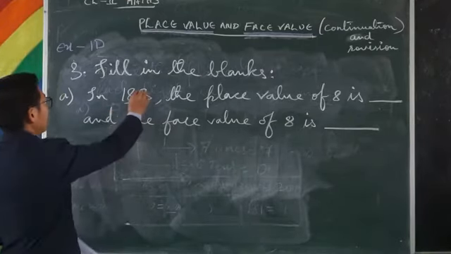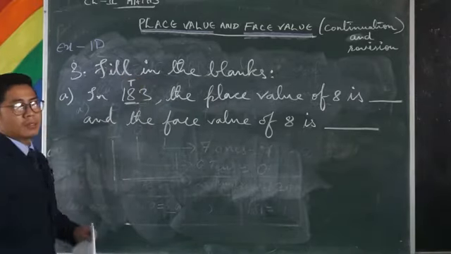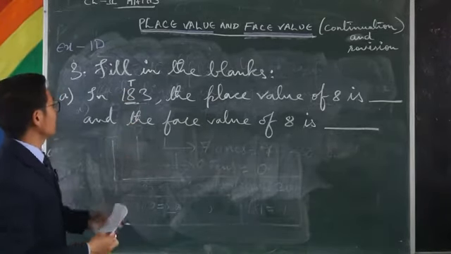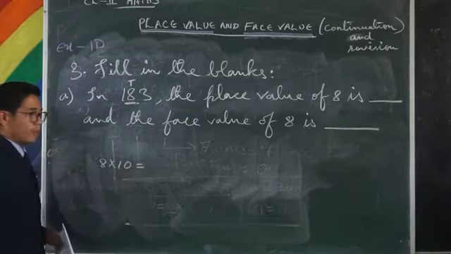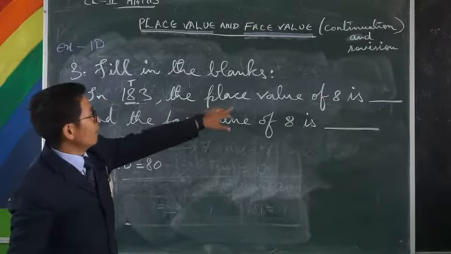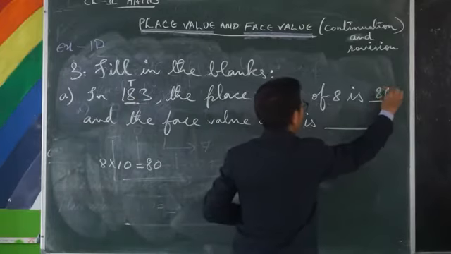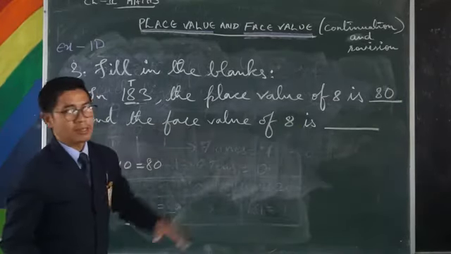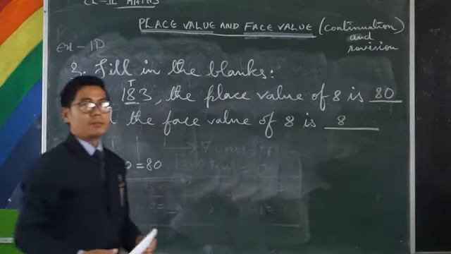As you all know, this 8 is in tens position, isn't it? So that means 8 into 10. How much will it be? 80. So the place value of 8 is 80. Now the face value of 8 is 8. Why is it 8?